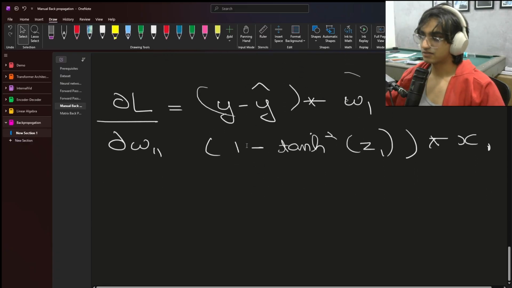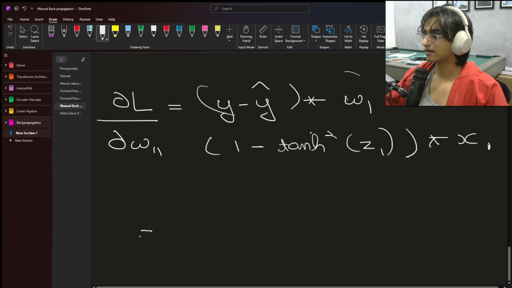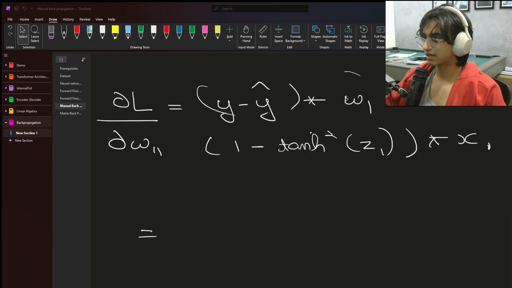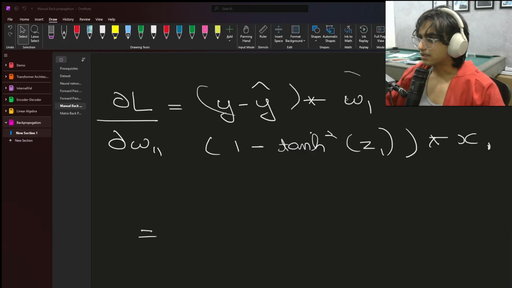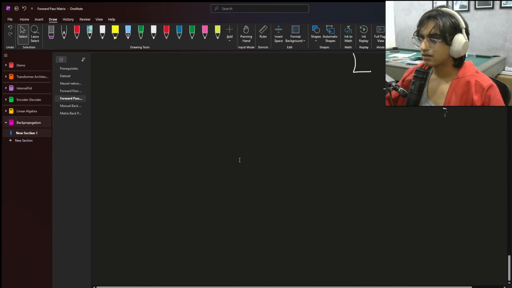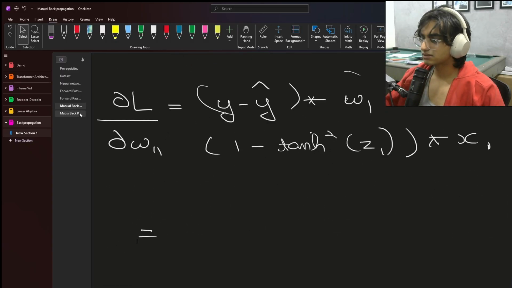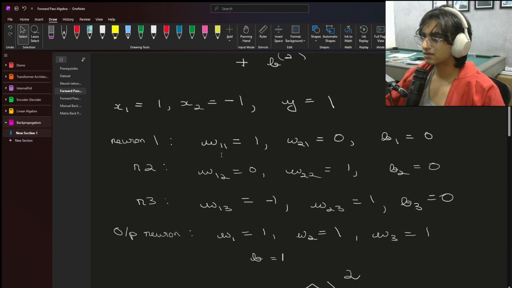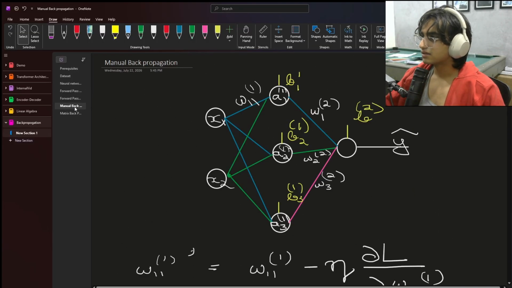Now we just substitute the values that we have. We know that the true value of y, wait, let me just refer to my notebook again. What did we calculate? y minus our actual y. Let's go back to this. It's 1. Okay, right.